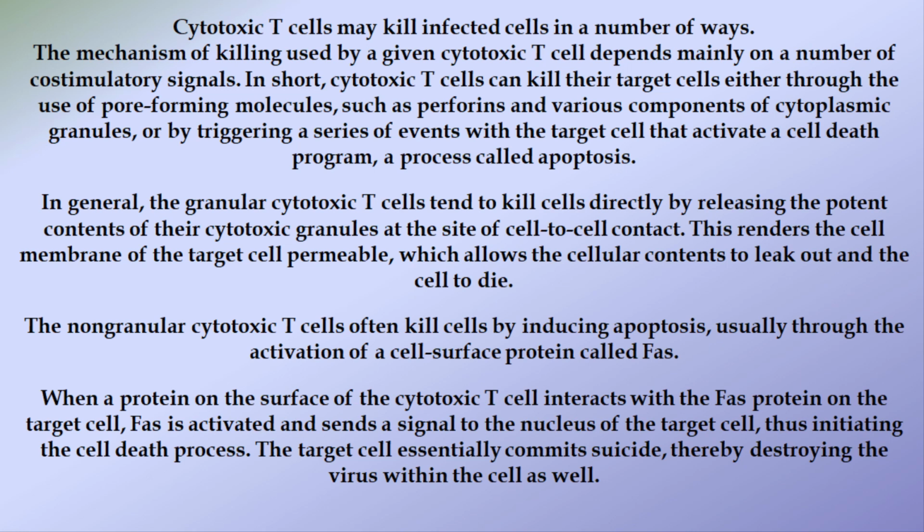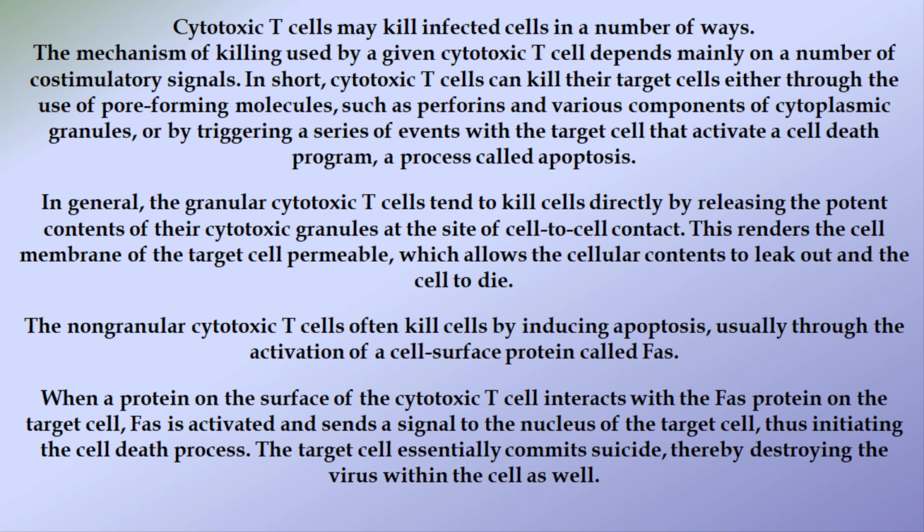In general, the granular cytotoxic T cells tend to kill cells directly by releasing the potent contents of their cytotoxic granules at the site of cell-to-cell contact. This renders the cell membrane of the target cell permeable, which allows the cellular contents to leak out and the cell to die. The non-granular cytotoxic T cells often kill cells by inducing apoptosis, usually through the activation of a cell surface protein called FAS.